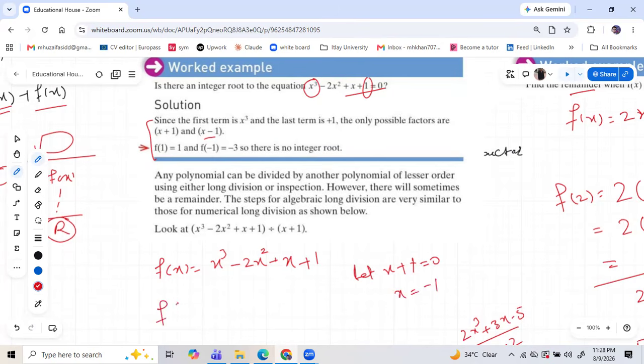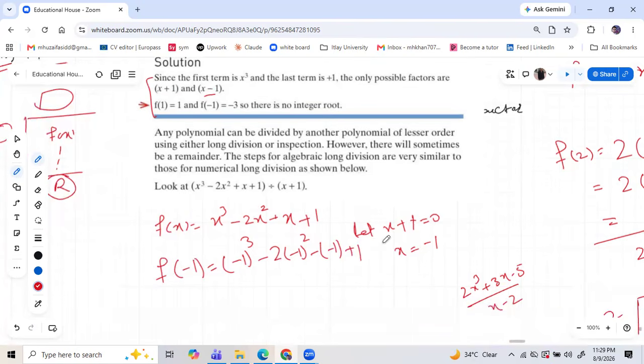So f of minus 1 equals minus 1 cubed minus 2 times minus 1 squared minus 1 plus 1. Simplifying, plus 1 and minus 1 cancel out, so this gives minus 2 plus 1, which equals minus 1.